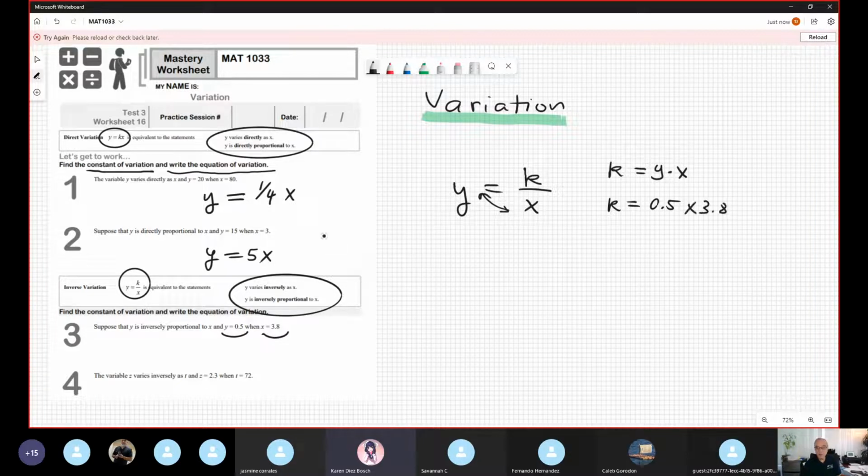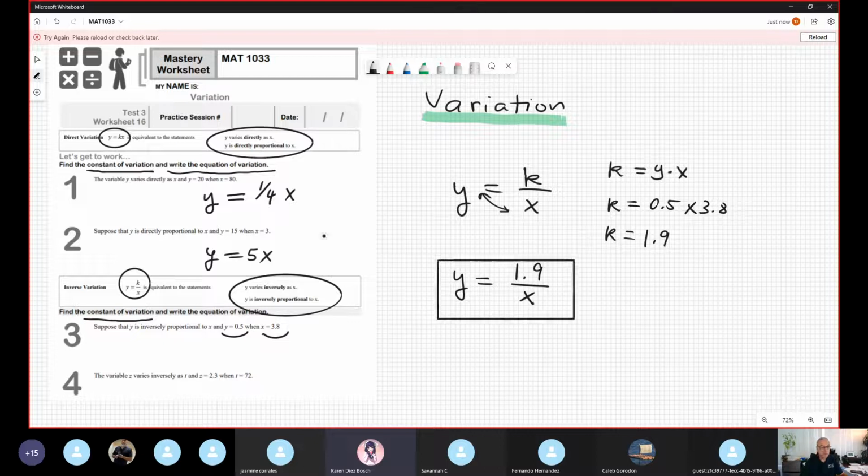Multiplication 3.8, put it in the calculator, of course. 0.5 times 3.8 is 1.9. 1.9 is the constant of variation. And the equation that states the relationship is y equals 1.9x. This is the equation of variation.